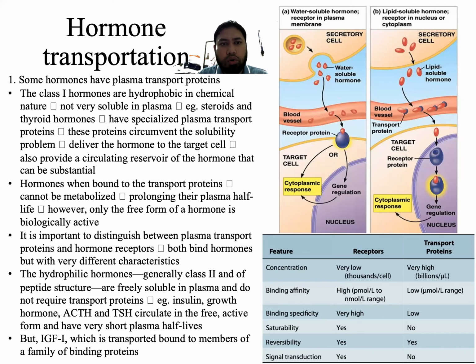Right, how the hormones are transported in our system. You just look at the right-hand side, the image. Can you see here, yes? All right, it's water-soluble hormones, receptor in plasma.